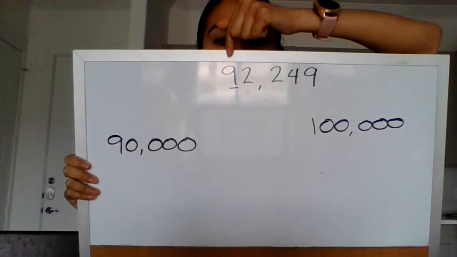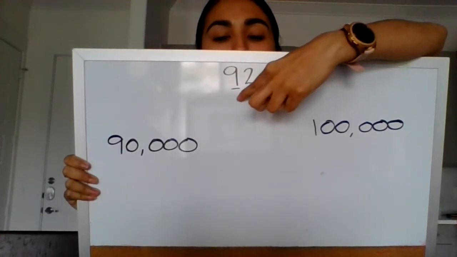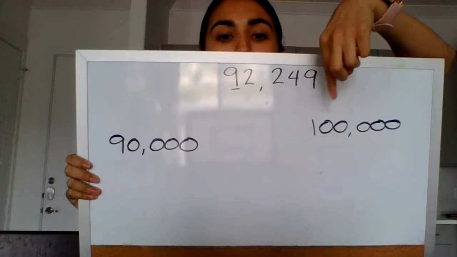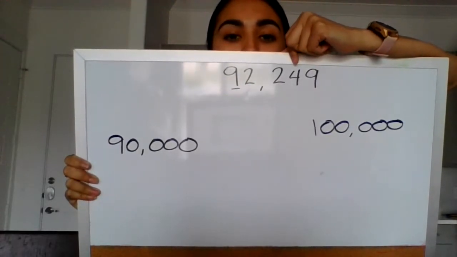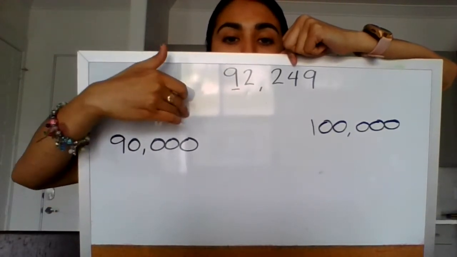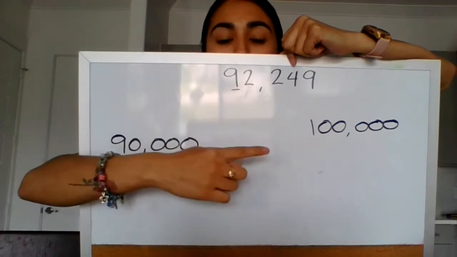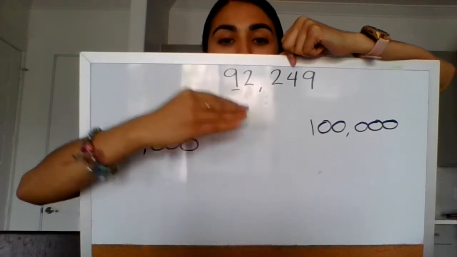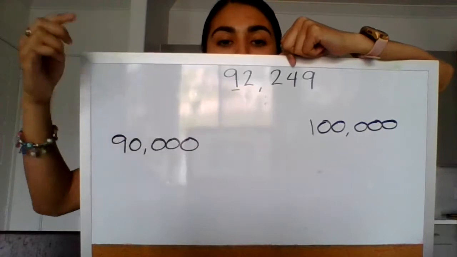So they want to know what is 92,249 rounded to the nearest 10,000. So the nearest 10,000 will either be 90,000 or 100,000, because the next 10,000 going up will make 100,000.